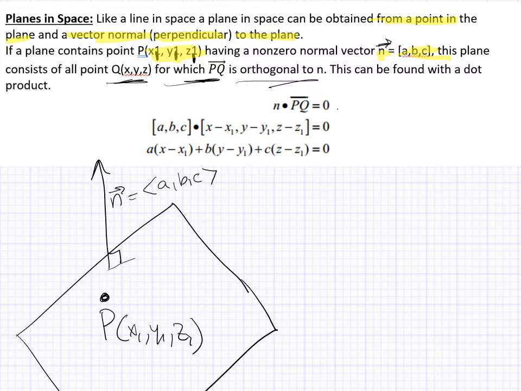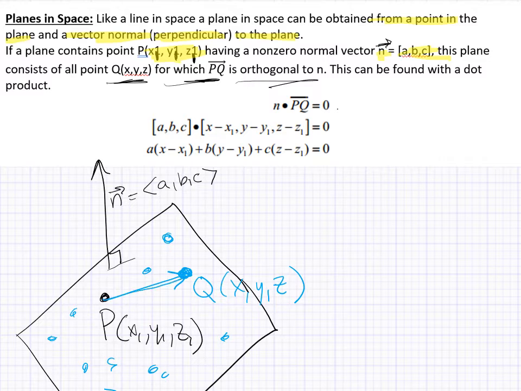What I'm going to do is create another point and say, here's another point Q. Actually, there are a lot of other points Q that make up this plane. The plane consists of infinitely many points that all lie on it. But let's look at this point Q, which has just a random x, y, and z coordinate. Let me find the vector PQ.